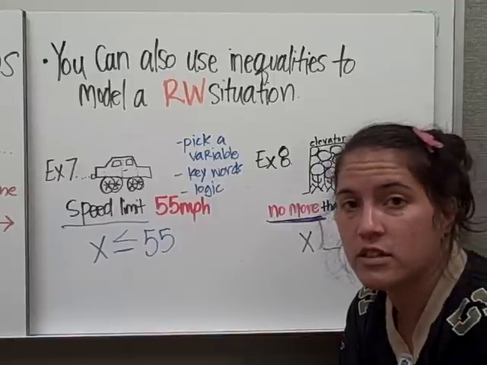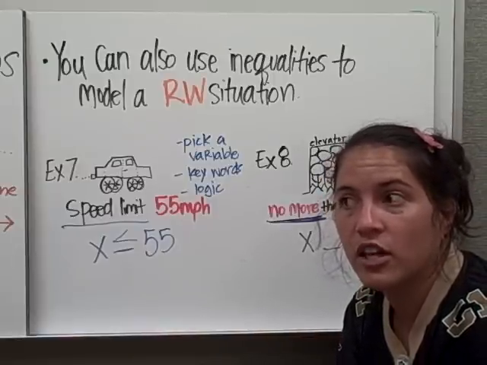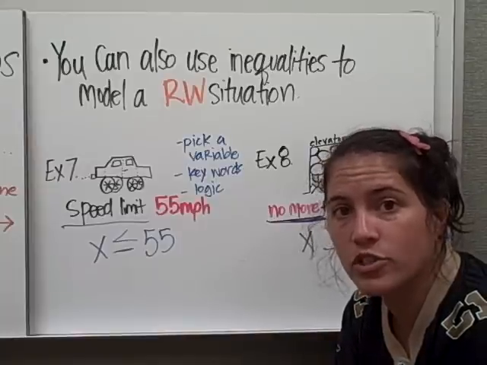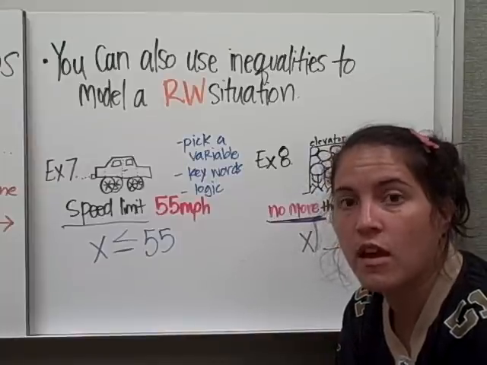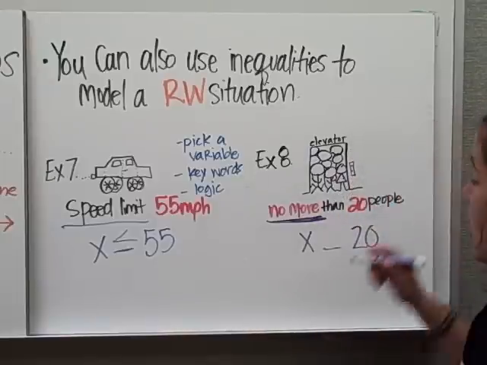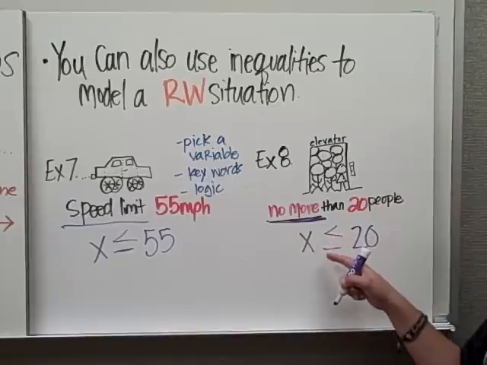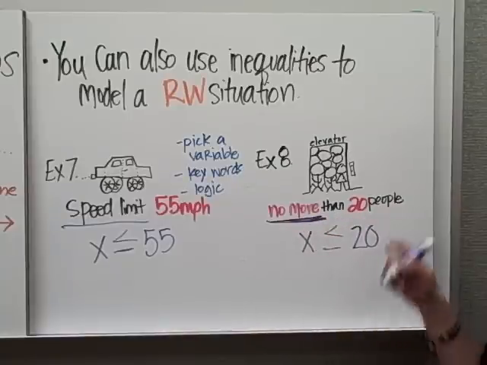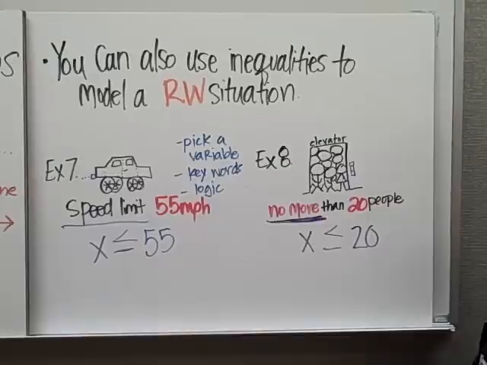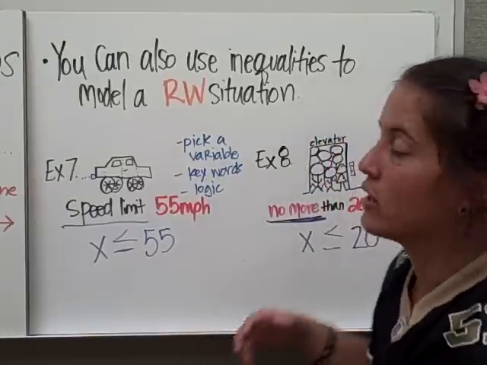Can you fit 21 in there, or should you go back to 19? I hope you said go back to 19, because no more than 20 people means 20 people or less. So X is less than or equal to 20. No more than means that is the most you could fit into the elevator.